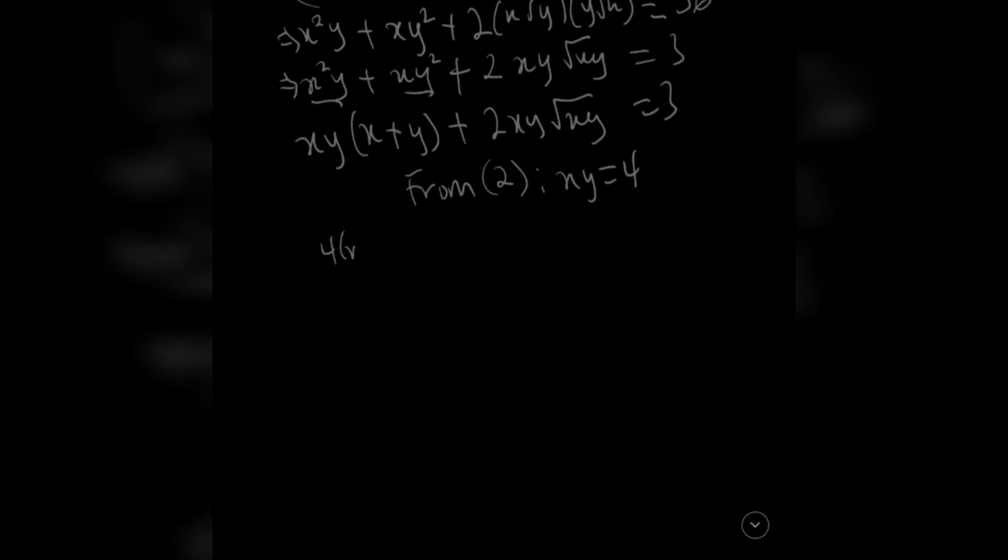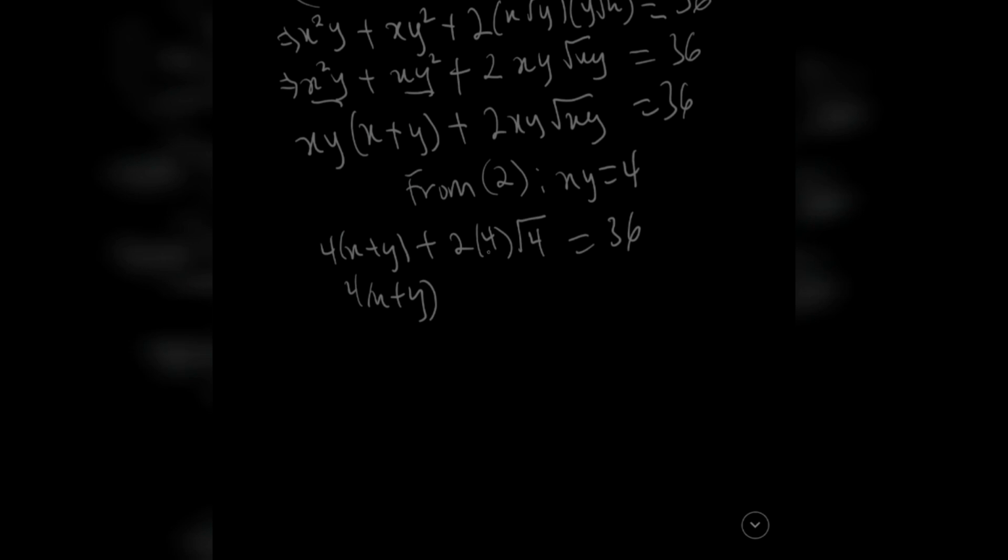So we get 4 multiplying x plus y, plus 2 multiplying 4, then multiplying square root of 4, equals 36. So 4 multiplying x plus y, 2 times 4 is 8, root 4 is 2, so 8 times 2 is 16. So we get this equals 36.